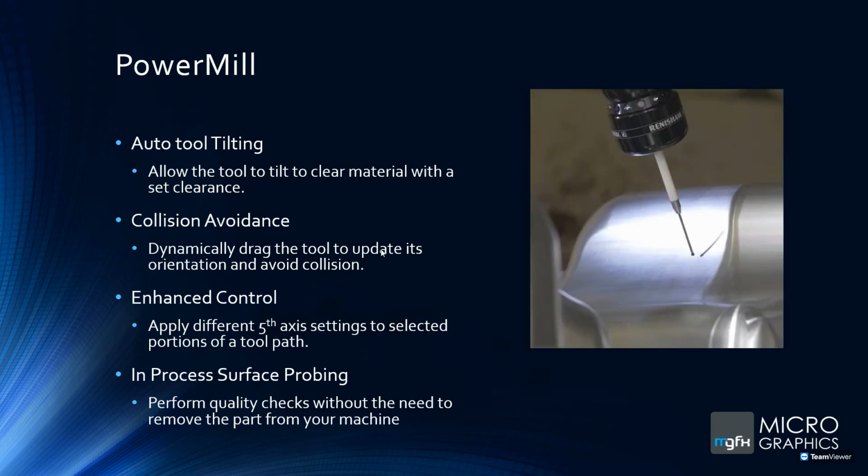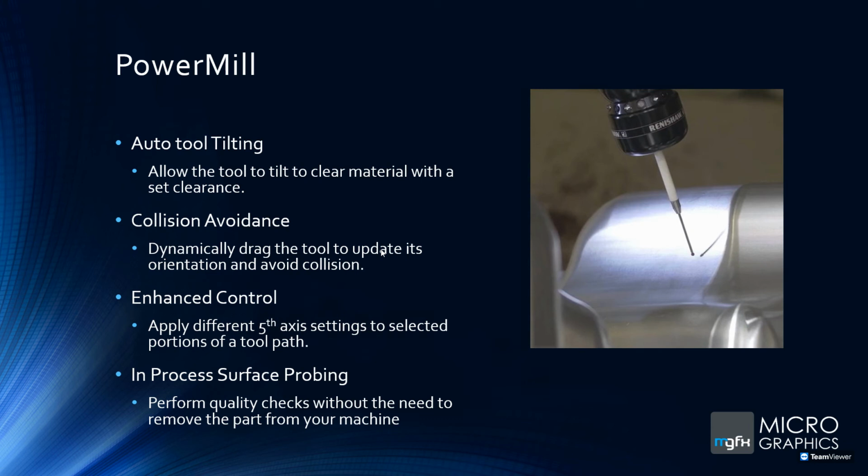Then lastly, we've already had a look at in-process surface probing, like I mentioned, with the Fusion 360 manufacturing extensions. It brings some of these features from PowerMill and FeatureCAM. So in this case, in-process surface probing started in PowerMill can be unlocked in those Fusion 360 extensions.